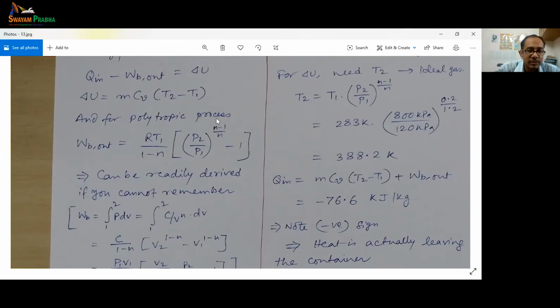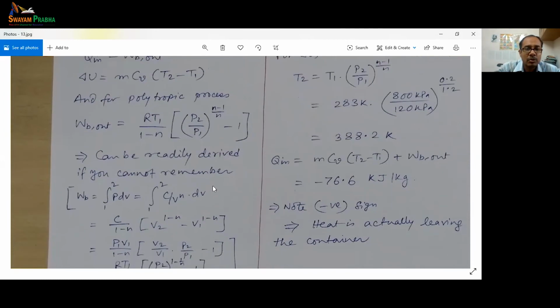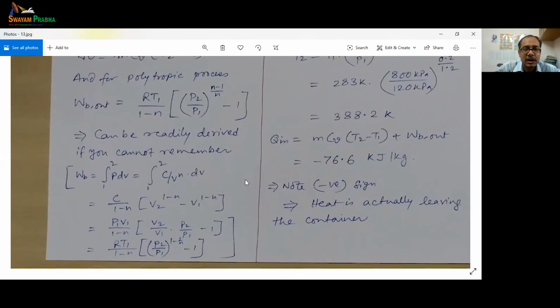If you remember this, very well and good, but if you don't, worry not, it can be very straightforwardly derived. We can show it here as well. Boundary work is nothing but the area under the curve, that's P dV, and the integration has to be from state 1 to state 2. And this P you can write as constant divided by V to the power n, right?